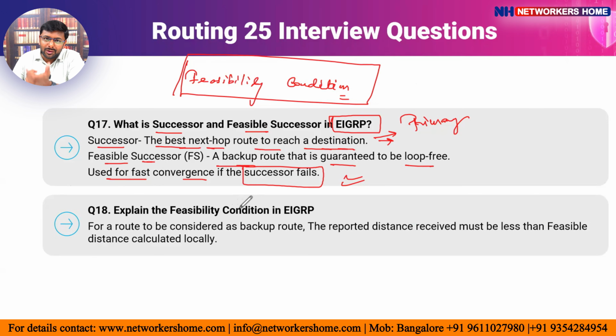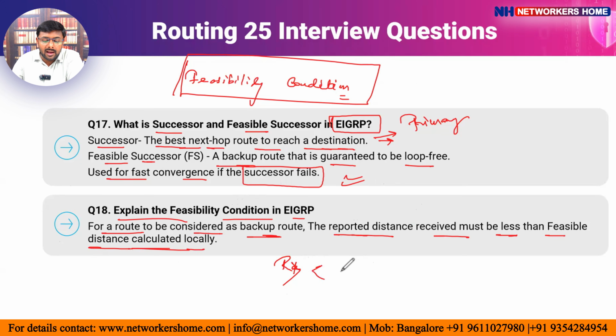Next question is, explain the feasibility condition in EIGRP. For a route to be considered a backup route, that is a feasible successor, the reported distance received must be less than the feasible distance calculated locally. So the reported distance, RD, must be less than the FD, the feasible distance.